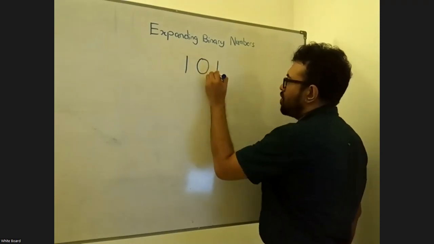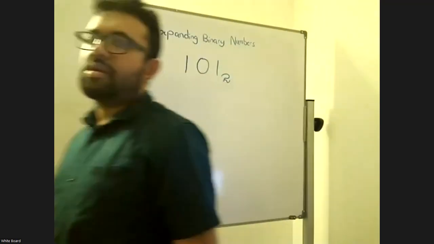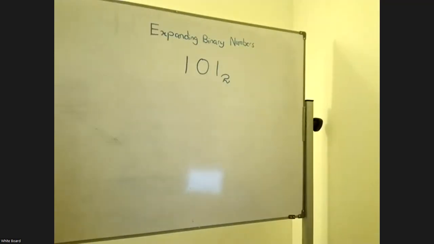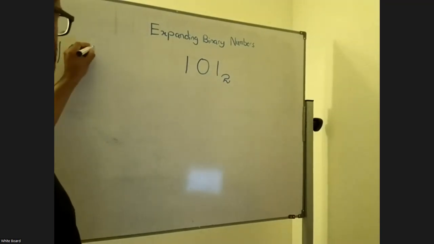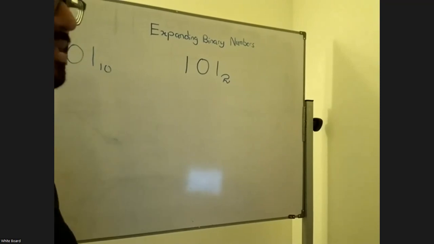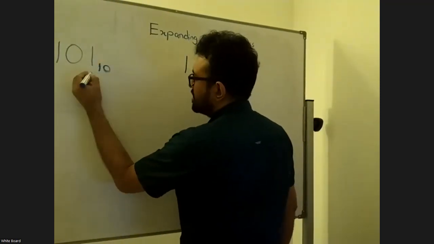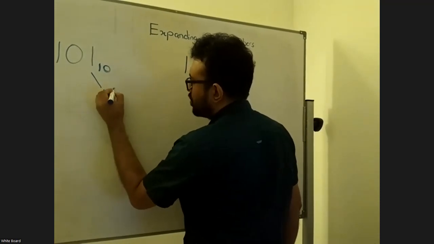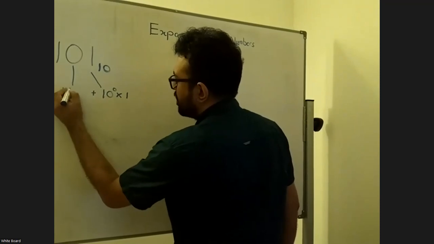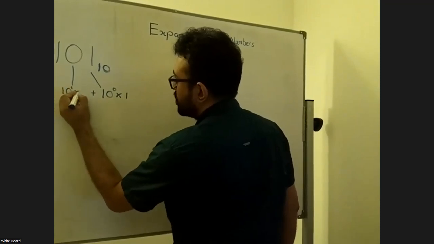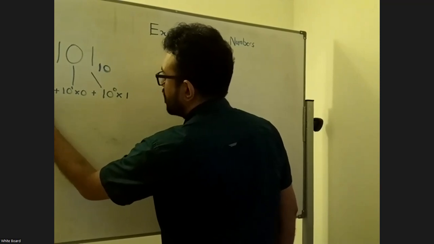So now we have this number 101. That is a base 2 number. If you write it like this, that is a base 10 number. If you expand this, this is how we expand it. If it is base 10, this is 10 to the power 0 into 1 plus 10 to the power 1 into 0 plus 10 to the power 2 into 1.